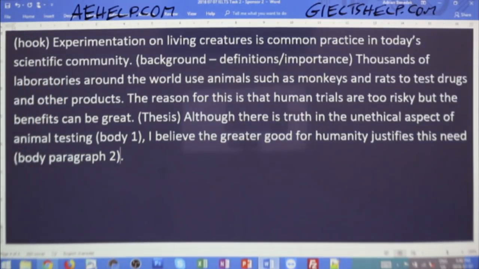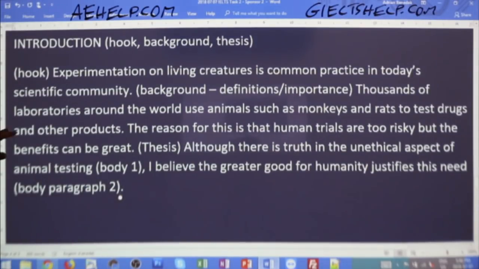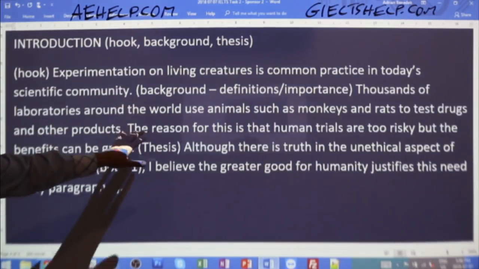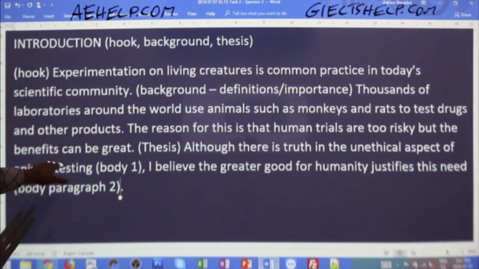All right, so this is a good introduction for this question. Experimentation on living creatures is common practice in today's scientific community. Thousands of laboratories around the world use animals such as monkeys and rats to test drugs and other products. The reason for this is that human trials are too risky, but the benefits can be great. Although there is truth in the unethical aspect of animal testing, I believe the greater good for humanity justifies this need.